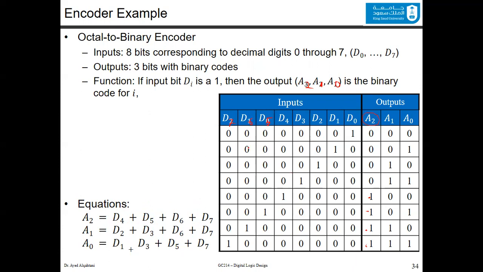This is easy because the inputs of the encoder have a single one in each row. Similarly, for A1, you have those 4 ones, and they are going to be D2, D3, D6, and D7. Similar idea for A0.